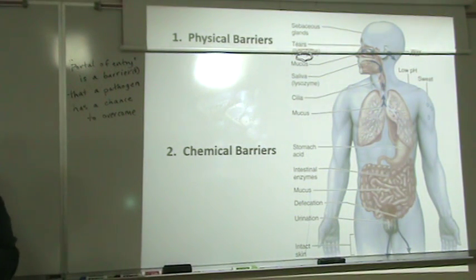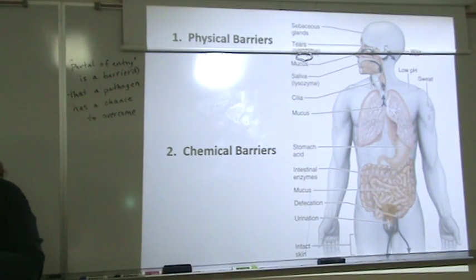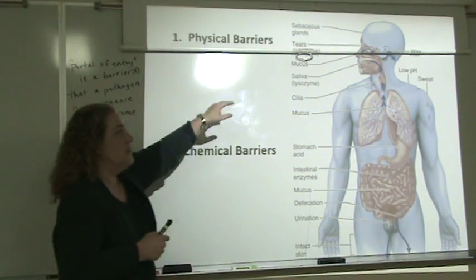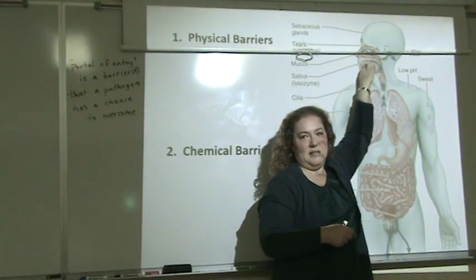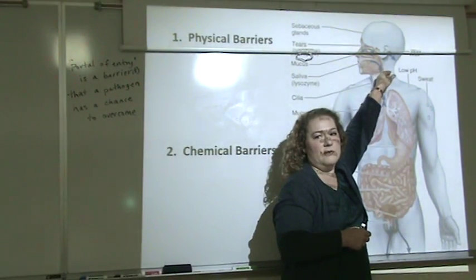So something like Streptococcus pyogenes, that's a respiratory pathogen. And if you breathe it in, if someone coughs it into your face or something like that, it's at the correct portal of entry and it's got a chance. It's got a chance because that's its correct portal.